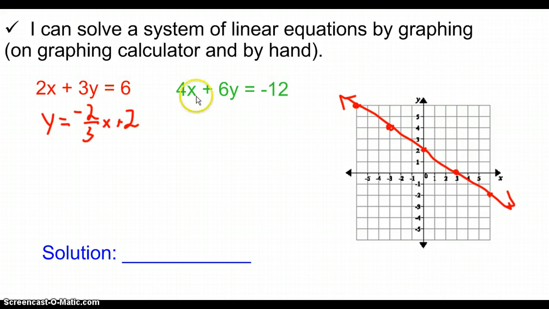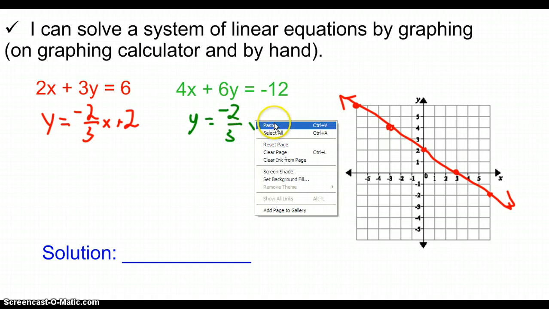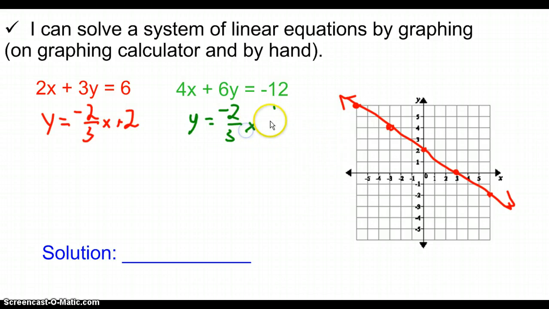Our second equation, 4x plus 6y equals negative 12. If we were to solve this equation for slope-intercept form, we would have y equals negative 2/3 x minus 2.